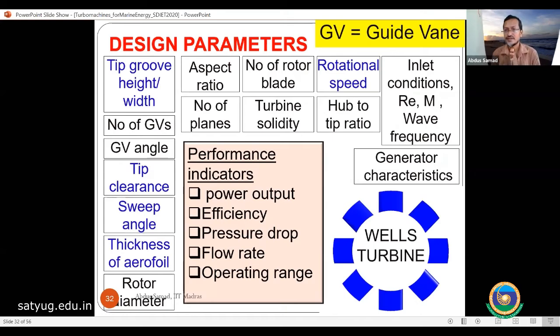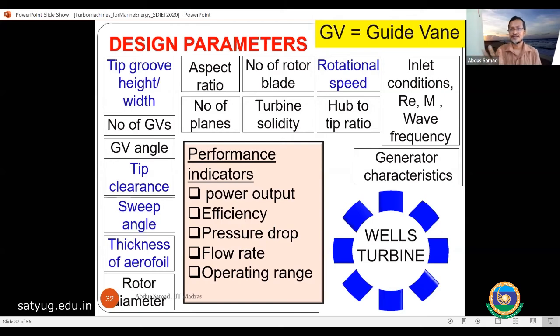The issue is that we have to increase efficiency of torque, and we have to increase operating range also. And why a higher operating range is required, I'll explain later. Our main objective of this research on Wells turbine design optimization is to increase efficiency or torque and operating range.